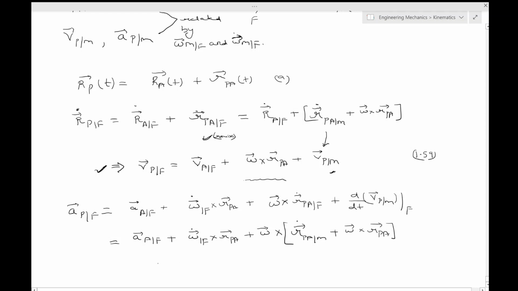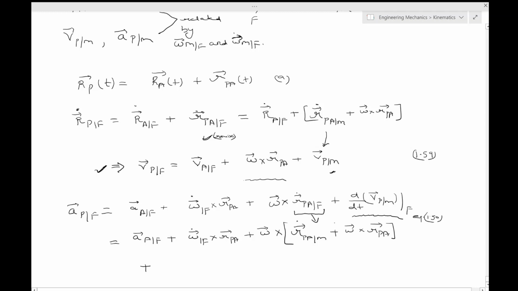Okay, and this next term which you see over here can be done using equation 1.50. What does 1.50 state? Let me just write that. Actually, we have just used 1.50 over here also, for this particular term.